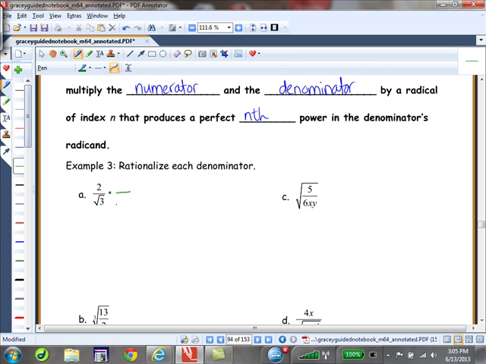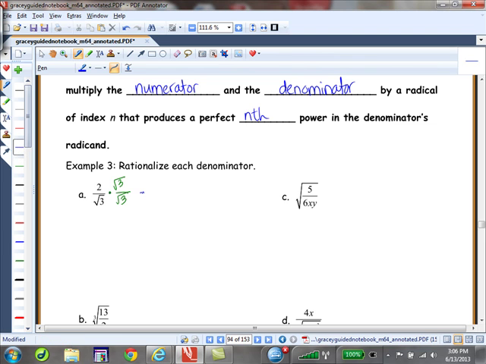Do you see that if we multiplied by root 3, remember root 3 times root 3 just gives us 3, which is a rational number. Hence, rationalizing the denominator. But in order to balance that out, we have to also multiply the numerator by root 3. So root 3 divided by root 3 is just 1. So we haven't changed the value, we've just changed the looks.